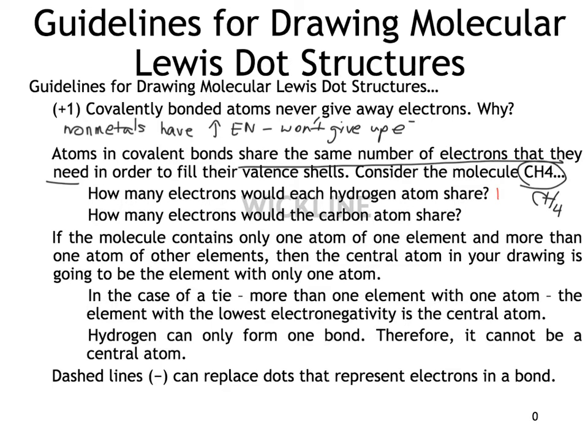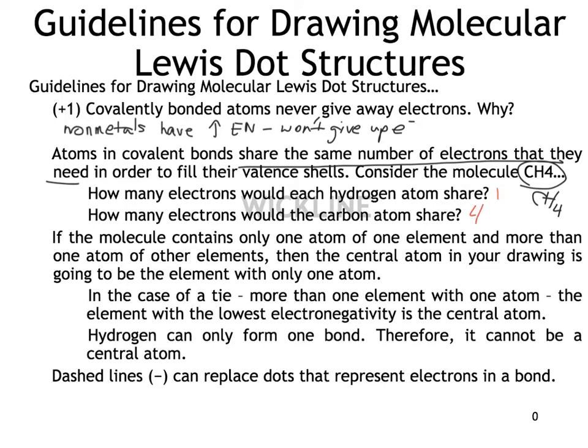But carbon, which is my next question, carbon needs 4 electrons, which means that it will have to share 4 electrons. So I know that logic is kind of backwards, but it is a good way to draw these dot structures. Just think about how many electrons that atom needs, and that'll also be the number of electrons that it shares.